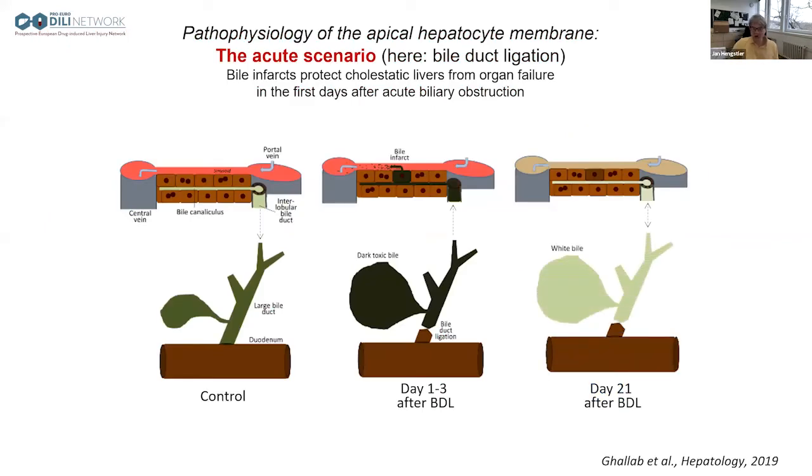One, the acute scenario, is if there is an acute obstruction, for example, experimentally done by bile duct ligation in mice. This is a very well studied mouse model. Early after bile duct ligation, the concentrations of bile acids massively increase in the biliary tract.